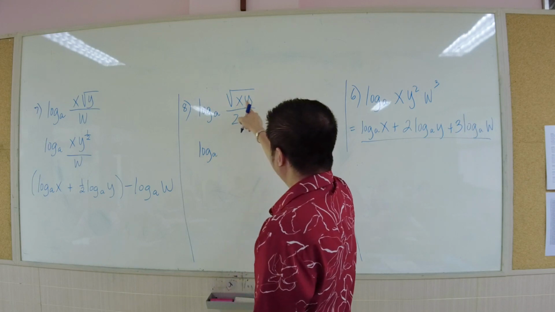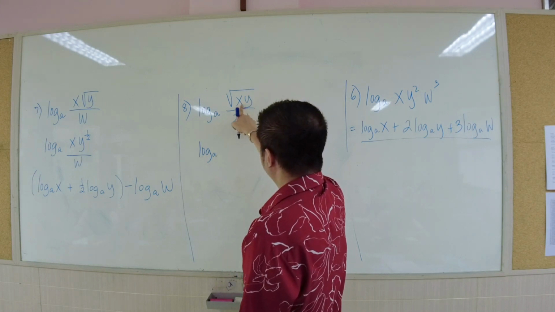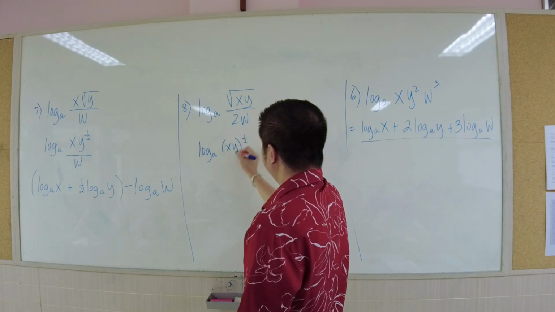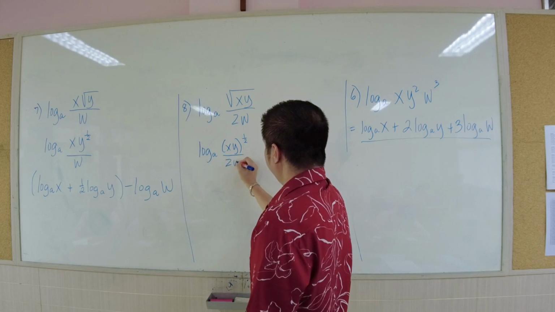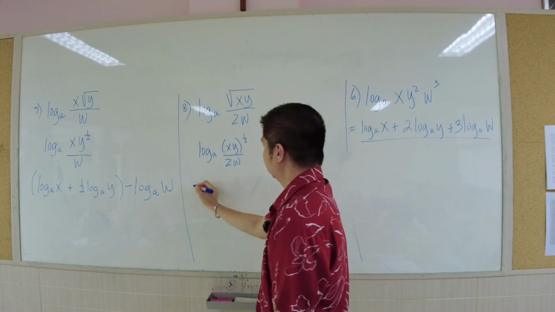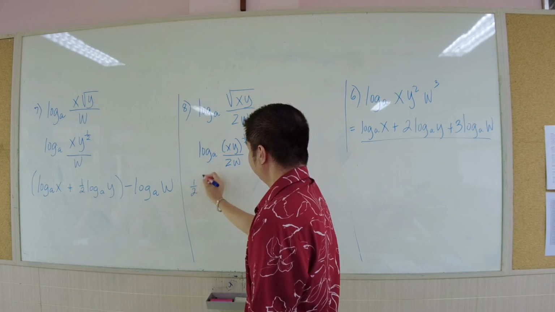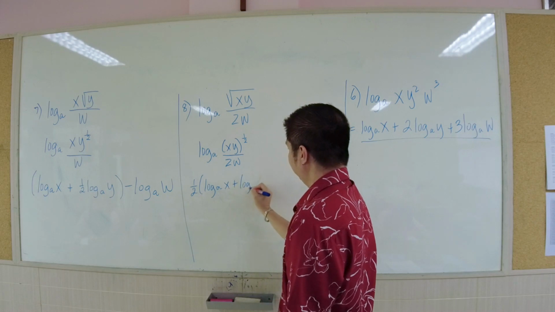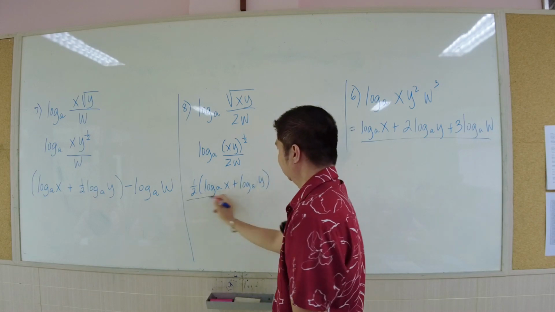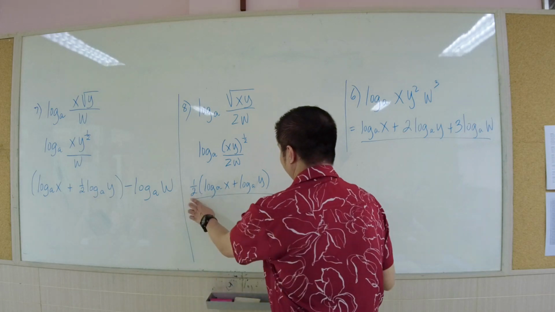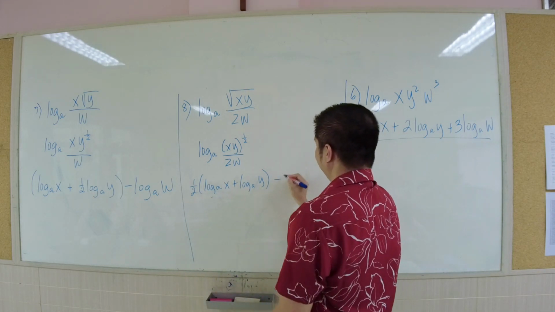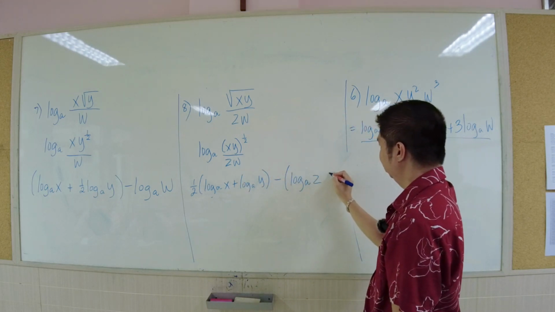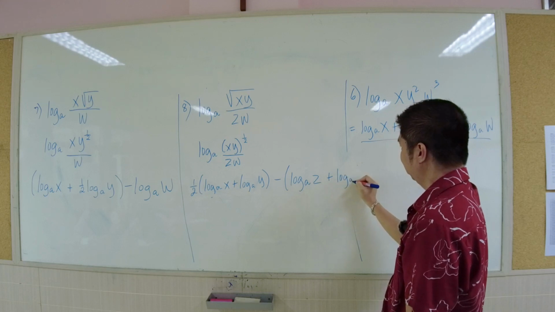Since x and y are inside the square root, parentheses xy power of 1/2 over zw. So we can do 1/2, parenthesis, logarithm of x plus logarithm of y, minus logarithm of z plus logarithm of w.